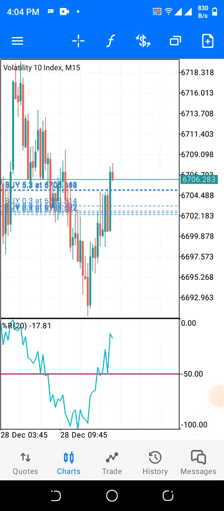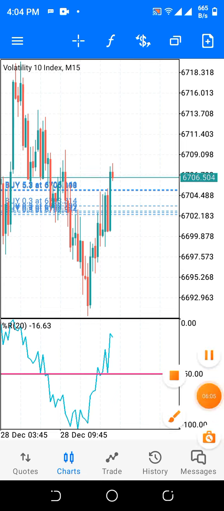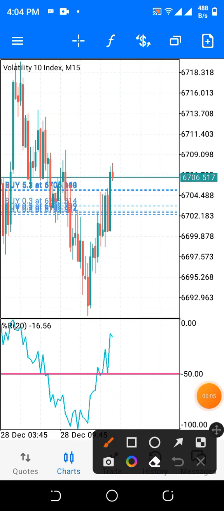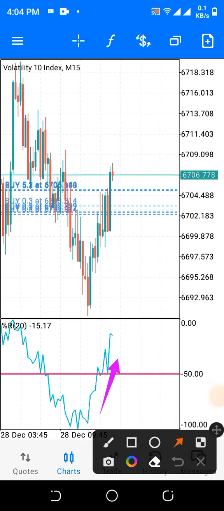It crosses this mark line, look at the crossing here. Are you seeing it? From down upward. So once it crosses this way, here is sell, but here is buy because it crosses upward. Do you understand?